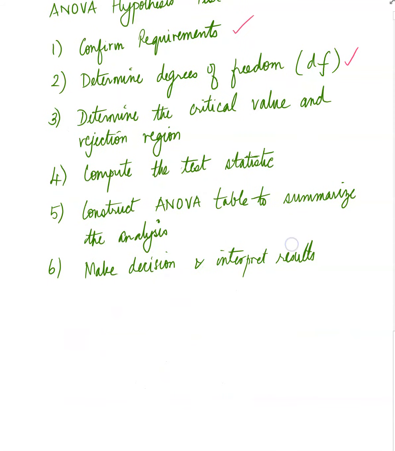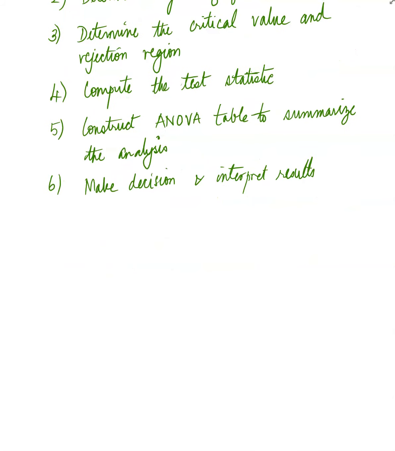So let's start with the first one, the requirements. How do we confirm the requirements? What are these requirements? We actually have some strong requirements for a one-way ANOVA hypothesis test.